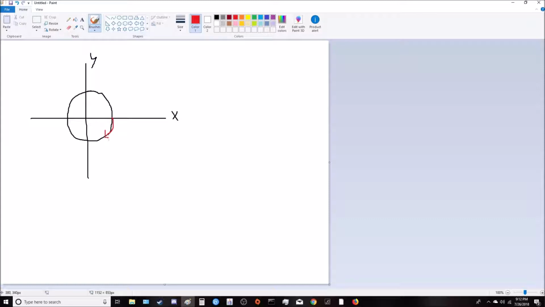So what if I wanted to go in a negative direction? And let's say the first of these negative angles landed me in the fourth quadrant. So let's call this negative theta 1.